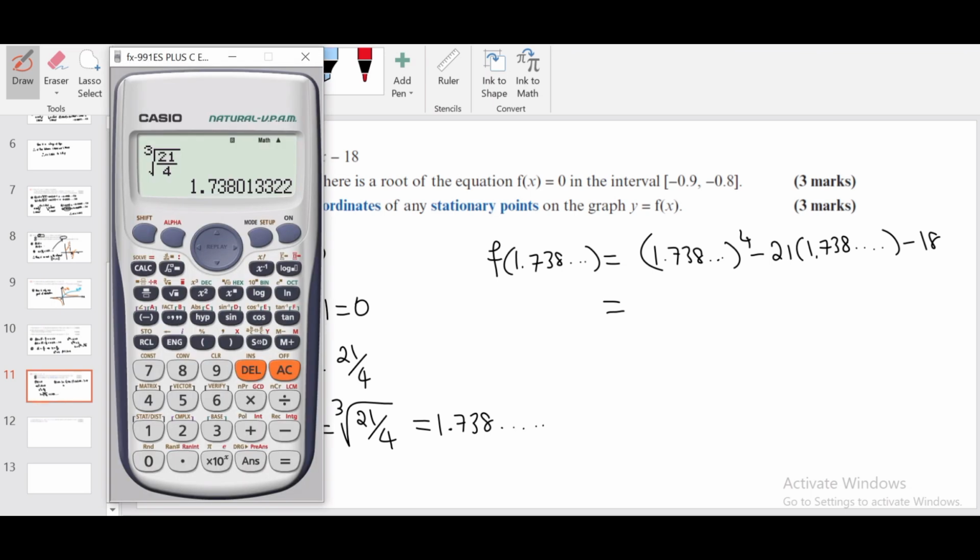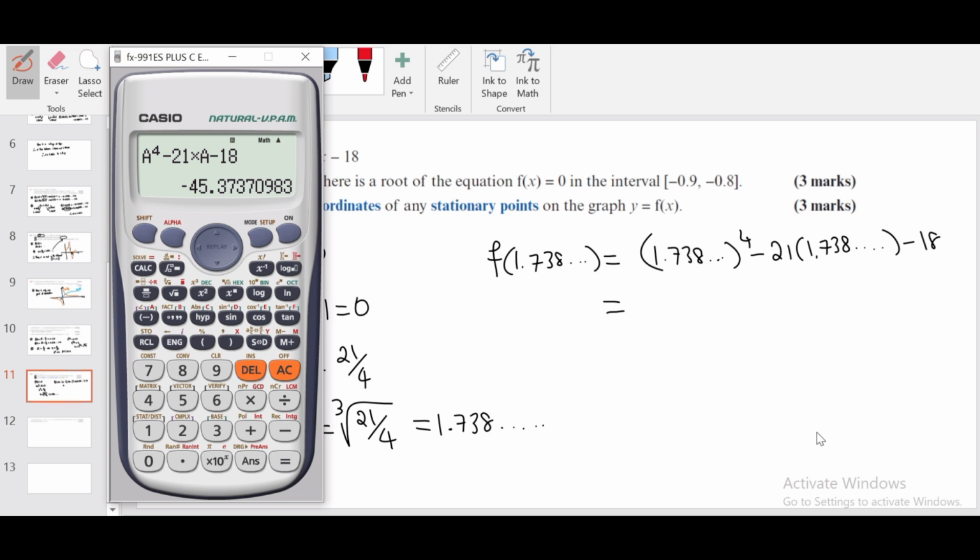So in the calculator, I'm gonna store the value as a. Now a to the power 4 minus 21 times a minus 80.